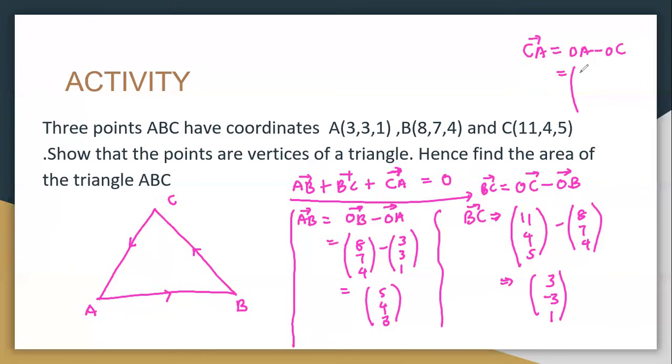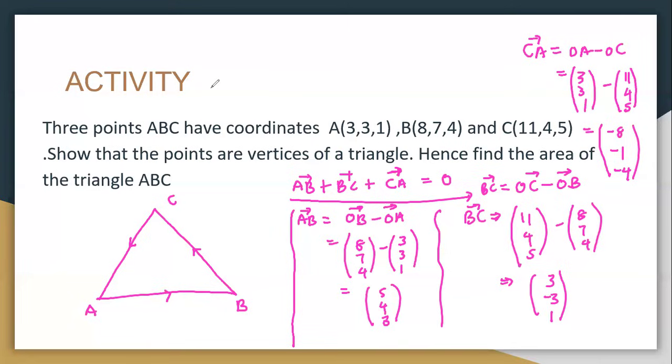OA is 331 minus 1145. What do you end up with? Negative 8, negative 1, negative 4. Okay, Santos, we continue.